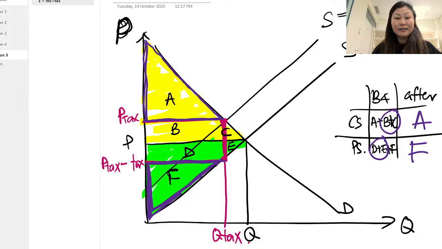We've lost a lot. Consumers are consuming less at a higher price, they lost B and C. Producers are producing less at a lower price, and they lost D and E.